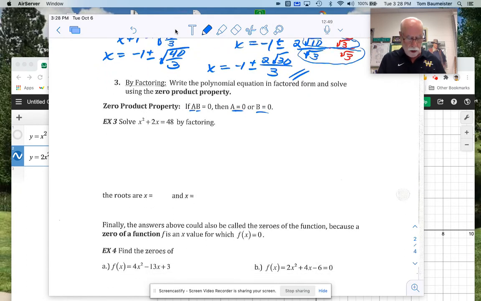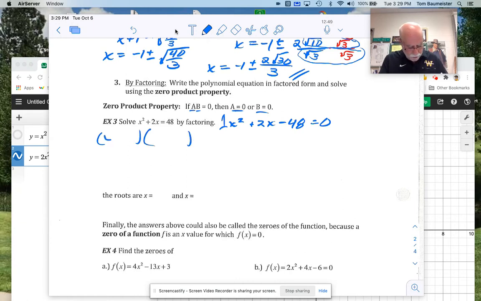So solve x squared plus 2x equals 48 by factoring. Remember, you're going to rewrite that as x squared plus 2x minus 48 is equal to 0. So if you look at that one there, ladies and gentlemen, let's see, if I factor it, remember, if I have a coefficient of 1 in front of the x, think of doing it this way.